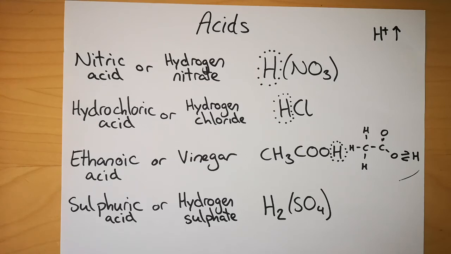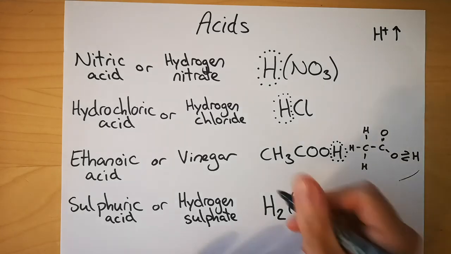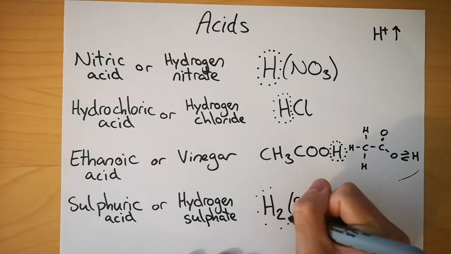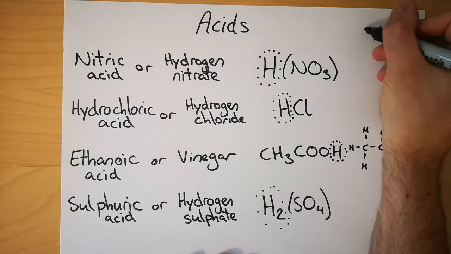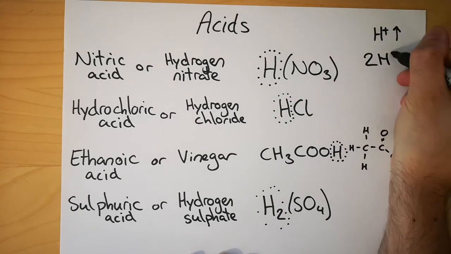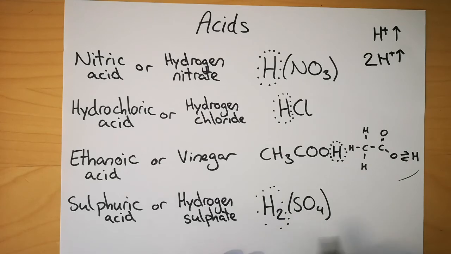Lastly, sulfuric acid. We've got 2 hydrogens in this case that can plop off. Now, that actually means that we're going to have 2 H positives for every 1 molecule of sulfuric acid. That does change how sulfuric acid works in terms of the concentration you need to neutralize any given alkali.